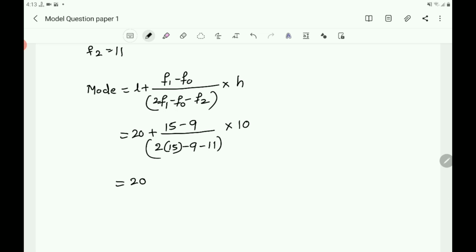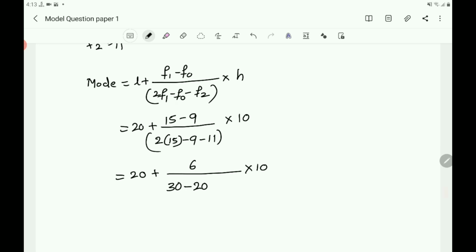Then you write 20 plus 15 minus 9. 15 minus 9 is 6, and 2 15s are 30, and these two are having negative sign. Add them and put the negative sign, that is minus 20. Sum of 9 and 11 is 20, and they are having negative, so put the negative sign, that is minus 20 into 10.